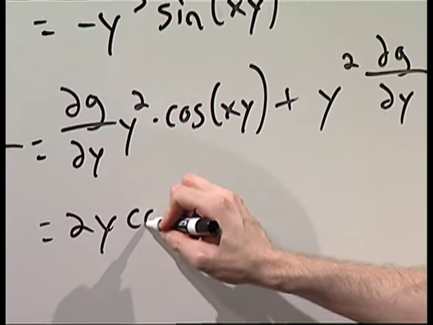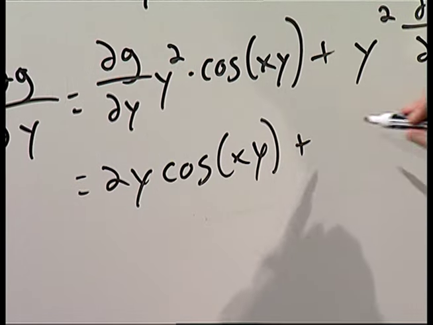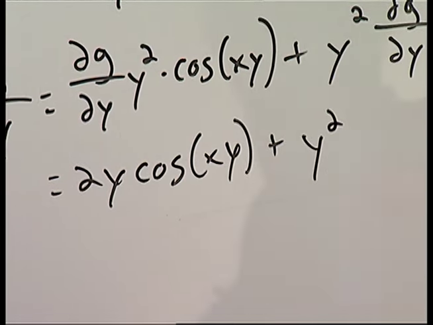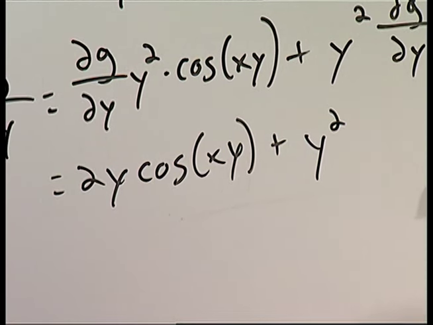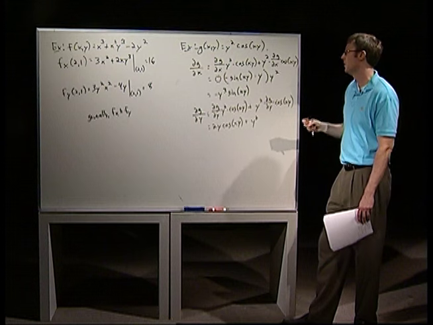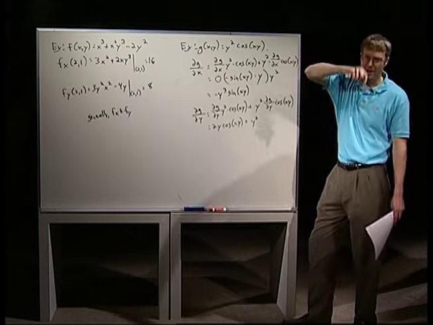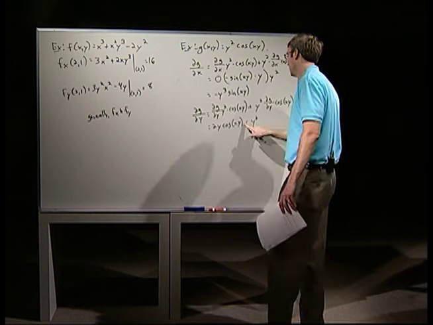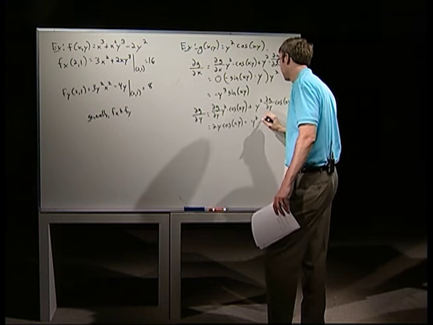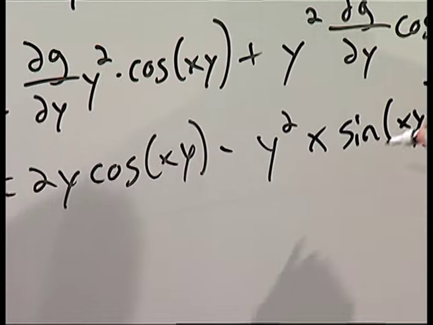It's just a 2y cosine xy. The second part, got this y squared hanging around. Now the x is acting like a constant. Now it's like cosine 3y. So now the roles of x and y are just reversed, right? The x comes out as the constant, and you have a negative sine xy. So this ends up being minus x sine xy.